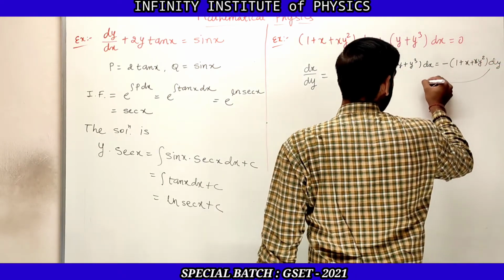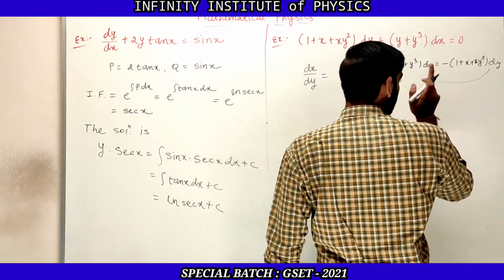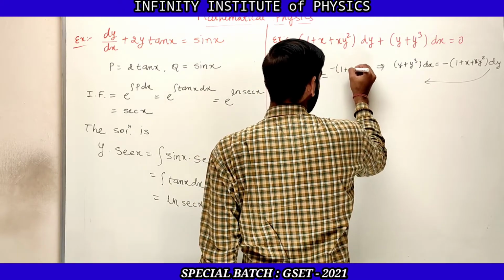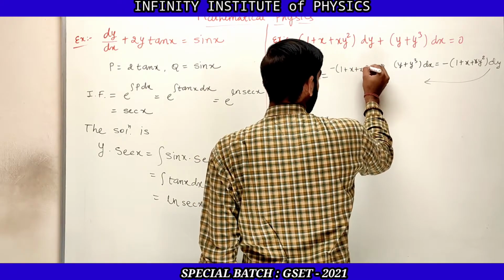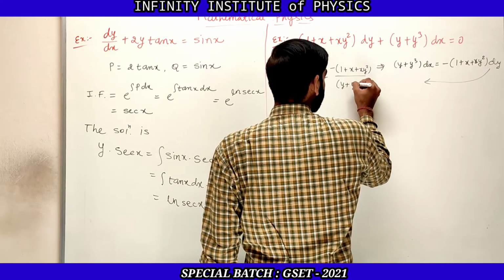Now let us take that dy on denominator on left hand side and y plus y cube on right hand side, then it will be minus of 1 plus x plus xy square upon y plus y cube.